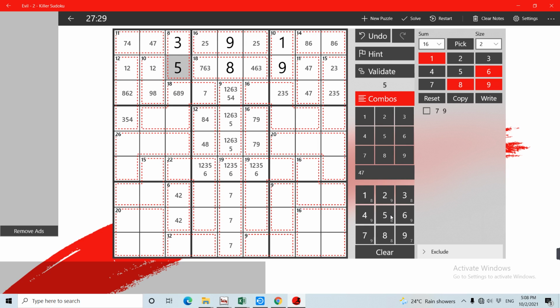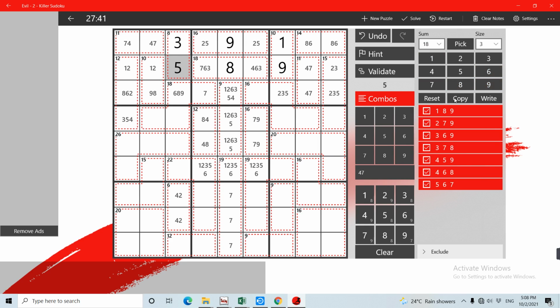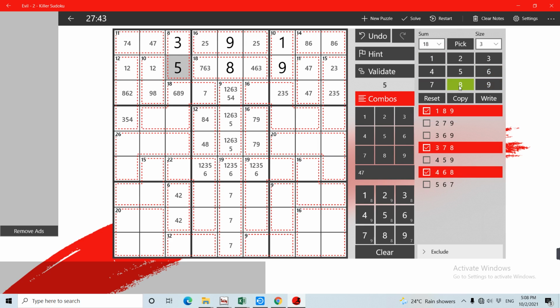Okay. Now, with this information, let's see what else we can do. We can look for 18, 18, which contains 8, which does not contain 2, 5, 9. So, this can be 3, 7, 8.